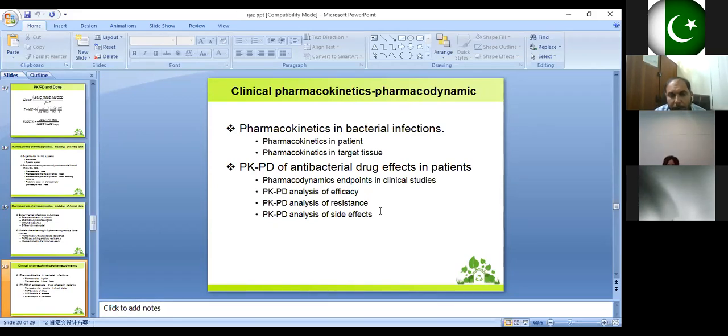Other PKPD effects in patients, like what we should know about the residual limit, also the side effects, adverse effects on different organs. This is the model importance that we will use for this categorization.